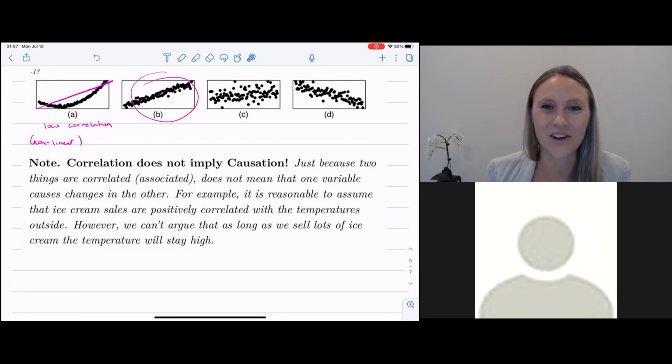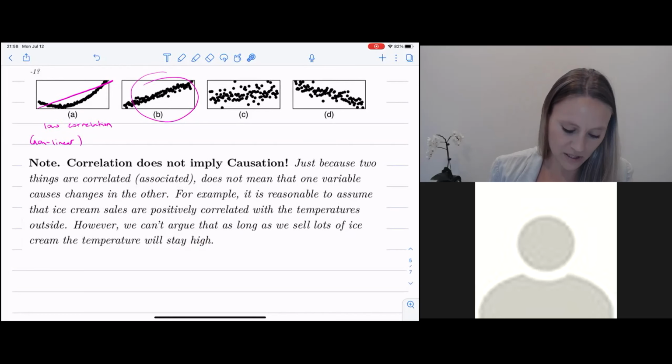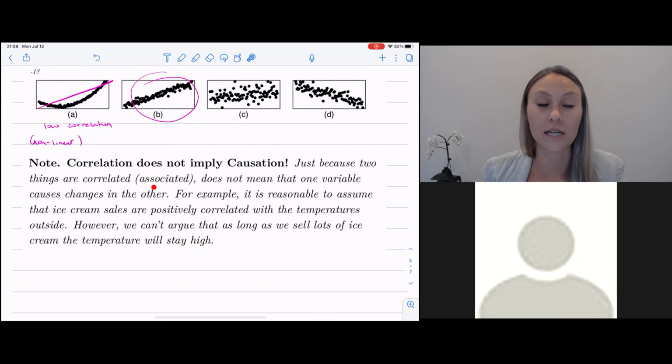It makes me want to call in, and correlation does not imply causation. So you have to be really, really careful, right? You are allowed to say that because two things are correlated, there's an association there, right? There is some relationship there, right? But there's no causation necessarily.